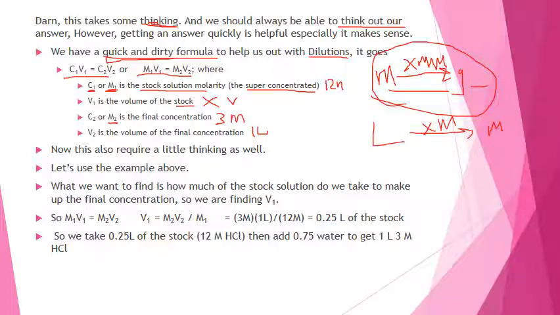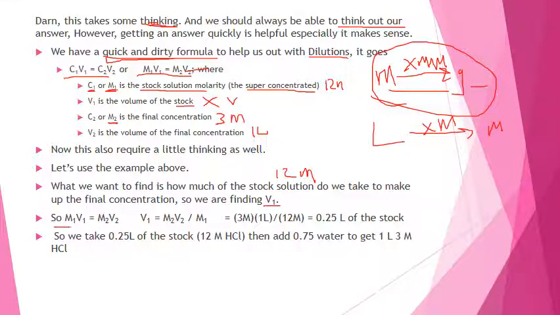So it's more than just plugging everything into an equation and coming up with the answer. It does take some thinking. So let's use the example above. We want to find how much of the stock solution, the 12 molar hydrochloric acid, do we take from the stock solution to make up my final concentration? So again, we're going to find out V1.